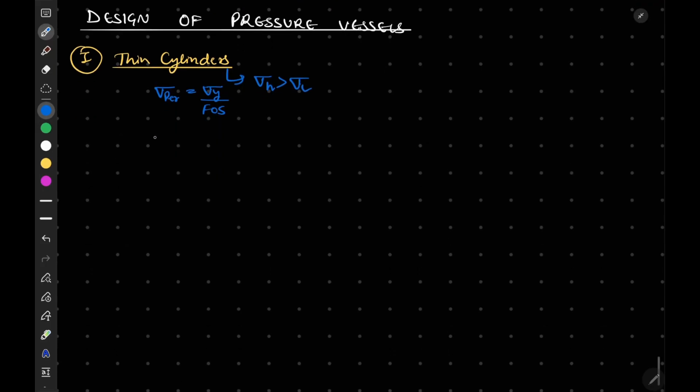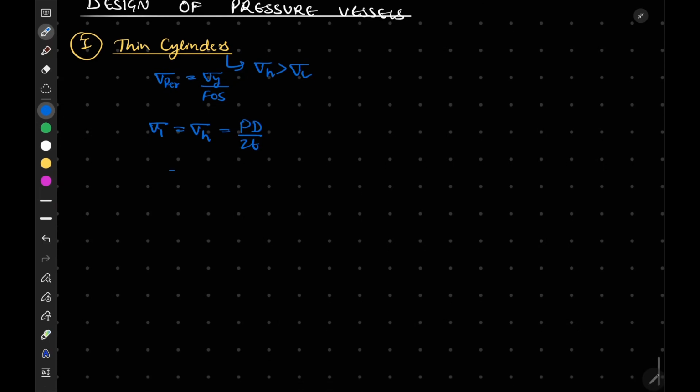So sigma 1 is equal to sigma h, which is equal to PD by 2T, the maximum value. According to the maximum principal stress theory, MPST, sigma 1 must be less than or equal to sigma permissible.